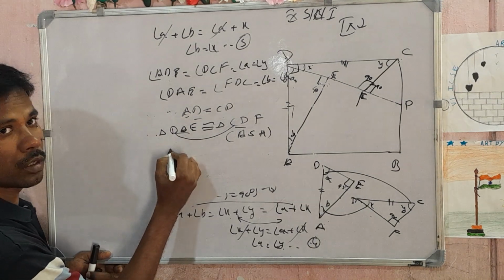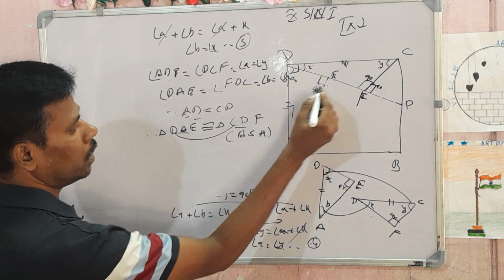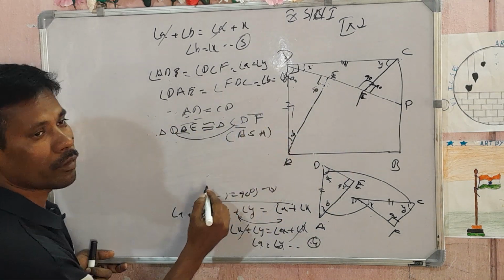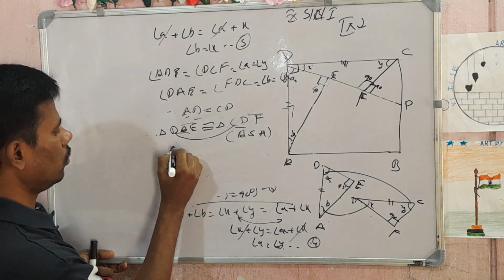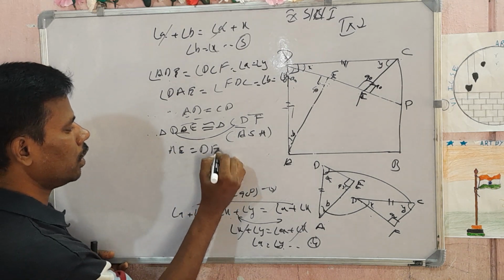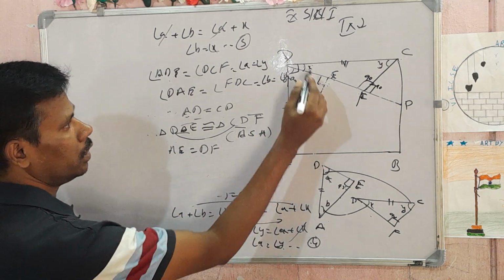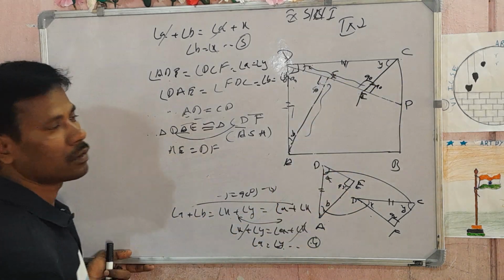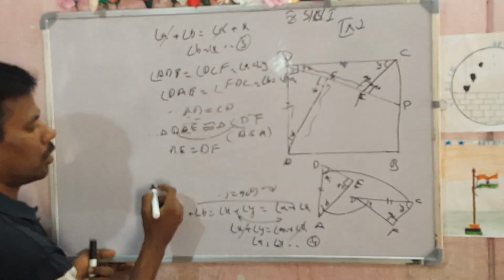So therefore, what can you say? AE is equal to DF. Therefore, AE is equal to DF. This part is equal to this one. Right? Apply Pythagoras theorem.